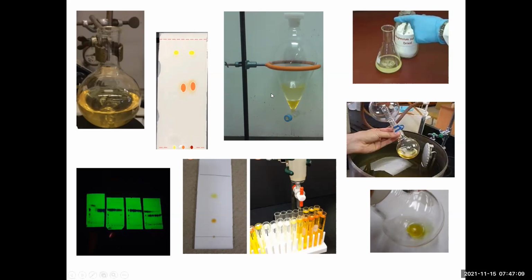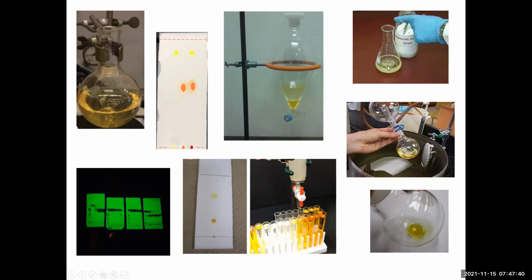So we can do our extraction, hopefully remove some components from the reaction mixture in that process. And then again, once we're done with the extraction, we would take the organic layer and we would dry it, because some water will inevitably get into that organic layer during the extraction process. We would use some magnesium sulfate or other suitable drying agent to remove those trace amounts of water.